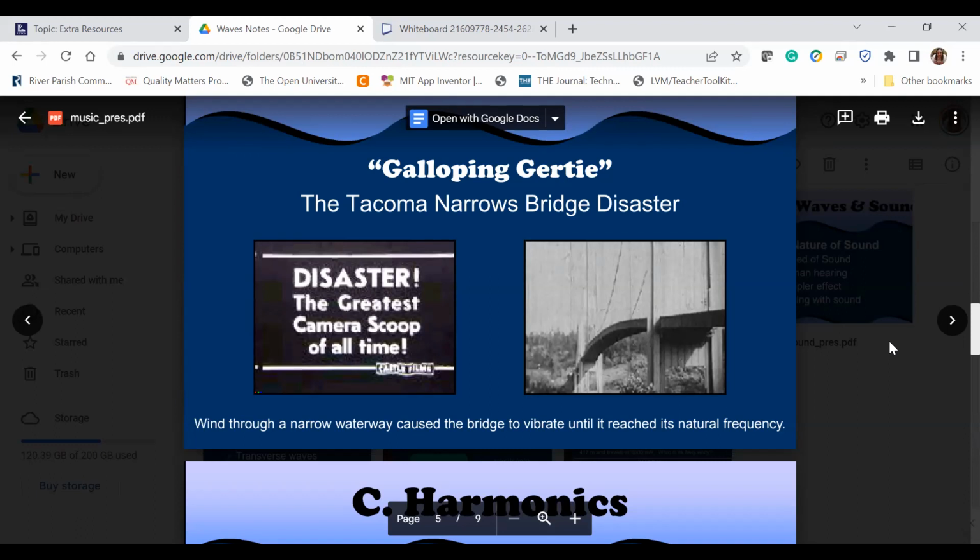What you see in the picture here is a bridge vibrating because of a wind tunnel kind of effect. The wind actually caused the bridge to start to vibrate at its natural frequency.